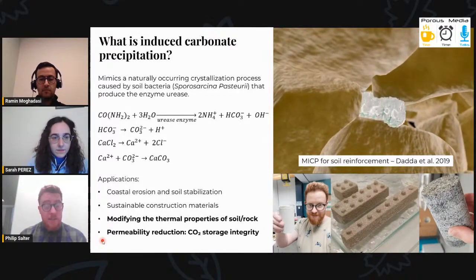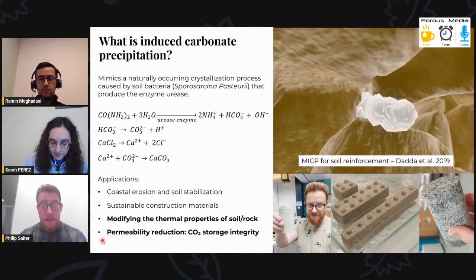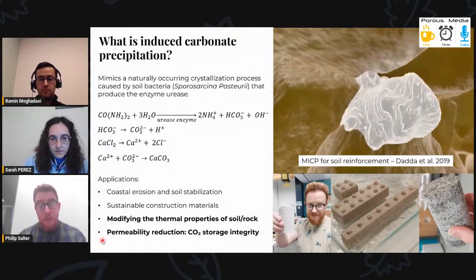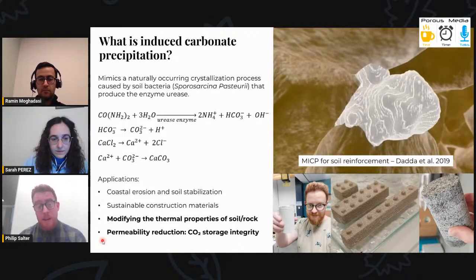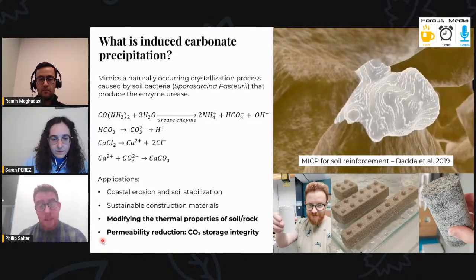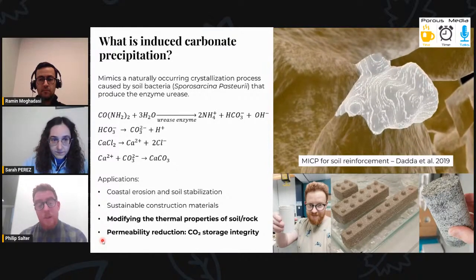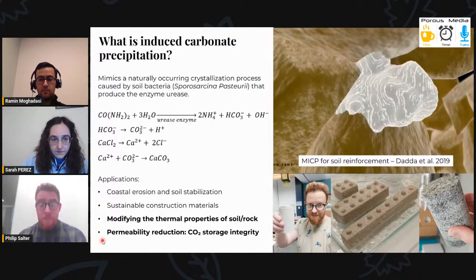On injection of a solution of urea and a calcium source, typically calcium chloride, the urea is broken down by the urease enzyme, releasing carbonate ions into solution, which can then react with calcium to form calcium carbonate.